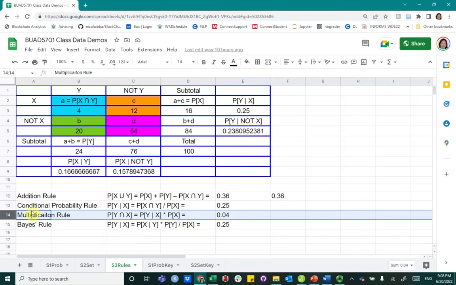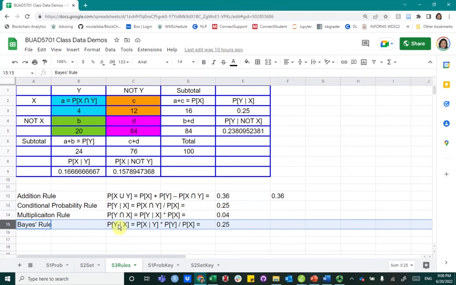You can also apply the multiplication rule to figure out this number over here by taking the probability of Y given X, which is over here, multiplied by the probability of X, which is over here.